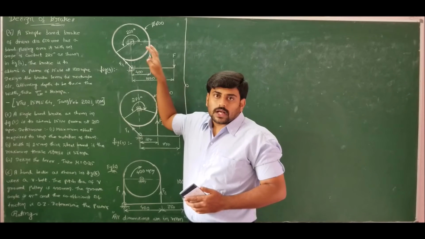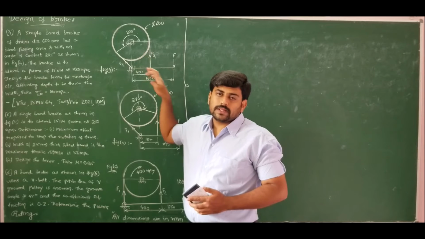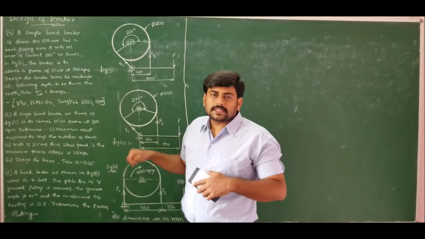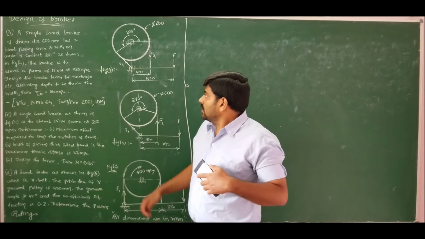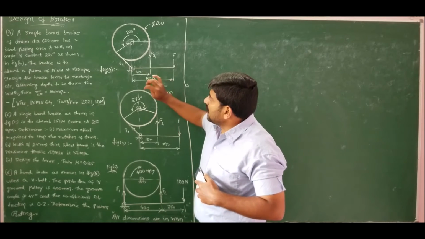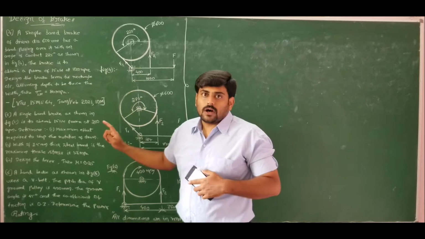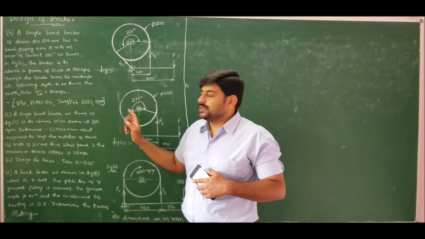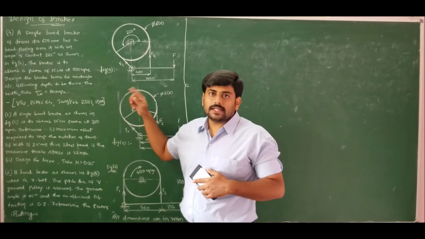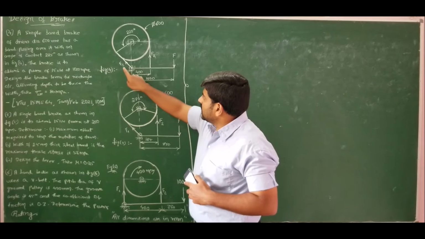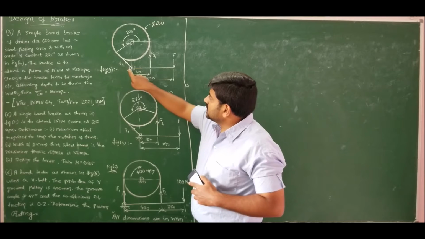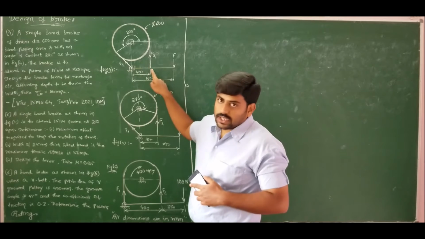Thereby, it controls the motion of the brake drum by absorbing the kinetic energy, and this kinetic energy is dissipated as heat. Now, for a simple band brake, one arm of the band is always attached to the pin or hinge, and the other arm is connected to the lever. If you observe here, tension F1 is connected to the hinge, and F2 is attached to the lever.